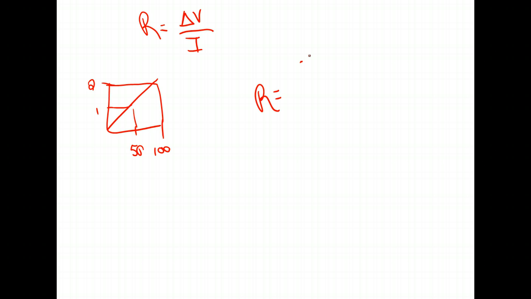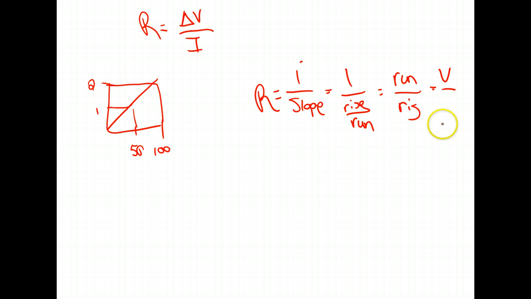No, find the graph. As the inverse of the slope. Right. Which equals 1 over rise over run. And then when I take the inverse of that, it's run over rise, which then equates out, okay, I've got volts over current. Right, 33.